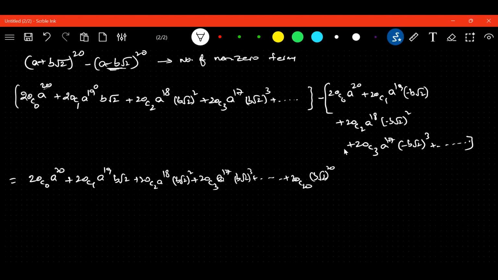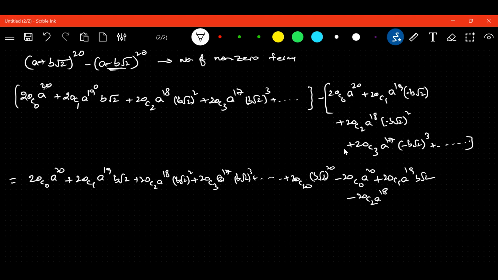Right. Now let us take out these brackets. What will you get? Minus 20C0 a to the power 20. Plus into minus is minus. Again, minus into minus is plus. Plus 20C1 a to the power 19 b root 2. Again I will write this: minus 20C2 a to the power 18 minus b root 2 whole square.